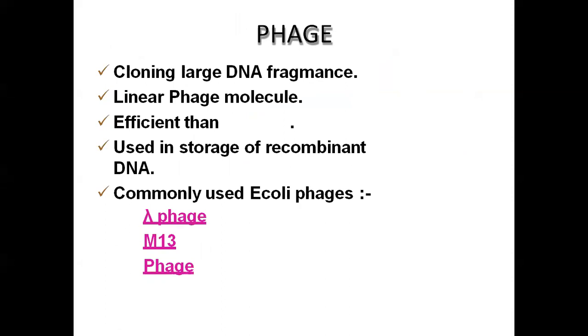But when your gene size is more than 2 kb, 2000 base pair, then you can select lambda phage, M13 or phage bacteria as a vector, where you can clone a huge gene. It's a linear phage molecule, linear meaning not circular, used in storage of recombinant DNA and commonly used. Lambda phage and M13 are examples of phage vectors.